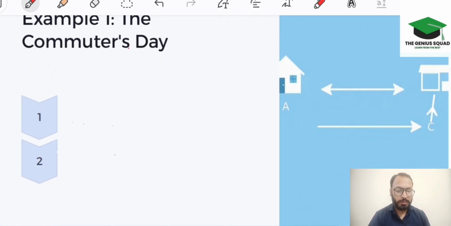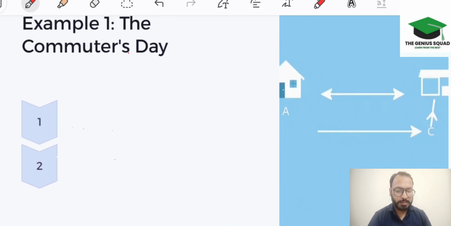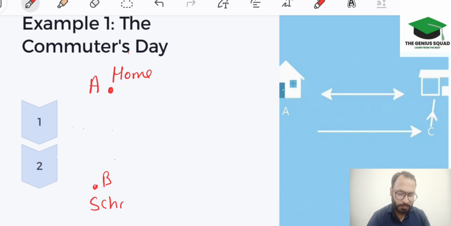Now I will give you a few examples, as we have talked about distance and displacement. Let's say that point A is your home and point B is your school, and you have to take a bus to go from your home to school.